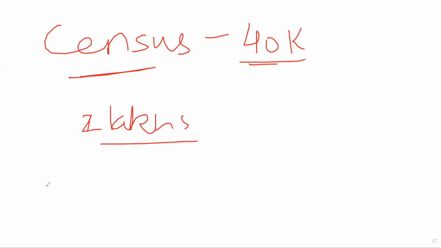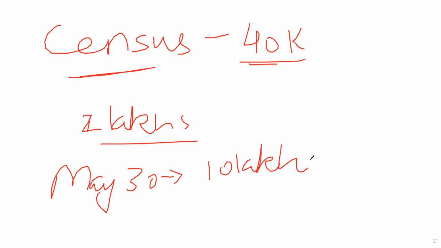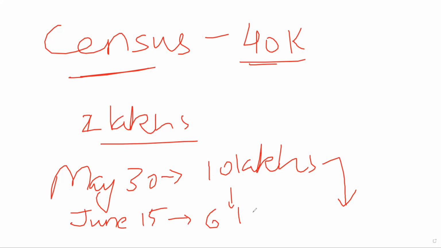Let us suppose on May 30th, the number of cases of corona were about 10 lakhs. Let us suppose it is going in a downward trend, meaning by the time June 15 came, the number of cases came down to 7 lakhs or 6 lakhs.